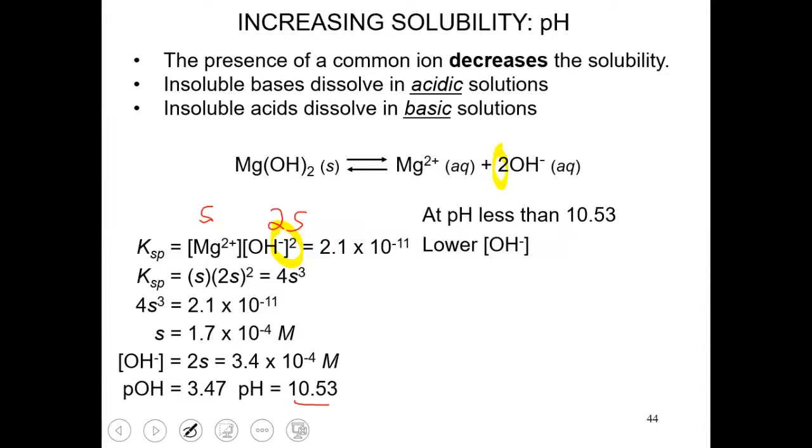Now, if you look at the equation up there, remember, this is Le Chatelier. I am making the right side of that equation lighter. So by removing hydroxide ions, I am going to drive this equilibrium to the right, which means I am dissolving additional magnesium hydroxide. Or, in other words, I am increasing the solubility of magnesium hydroxide. Got it? Cool.